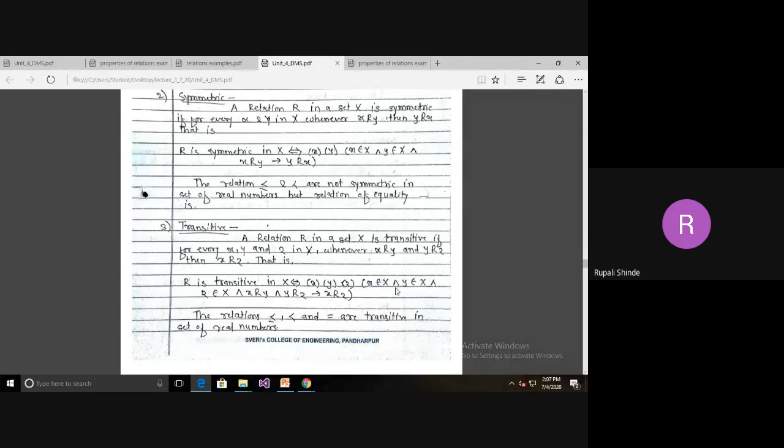So why we have skipped this order pair 3,3 and 4,4? Because here in the definition what they have said, for every x belongs to X and y belongs to X and z belongs to X. If x is in relation R with y and y is in relation R with z, म्हणजे काय, जर तिथे ऑर्डर पेअर असे असेल 1,2 and 2,1, then it is compulsory that your relation must include order pair 1,1.